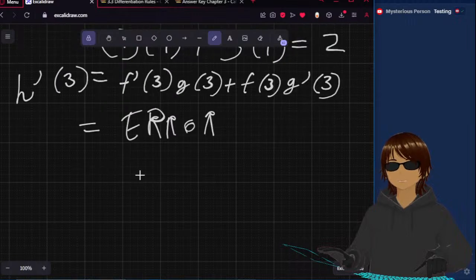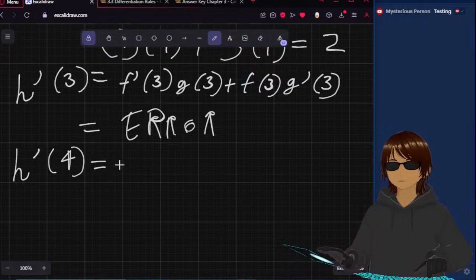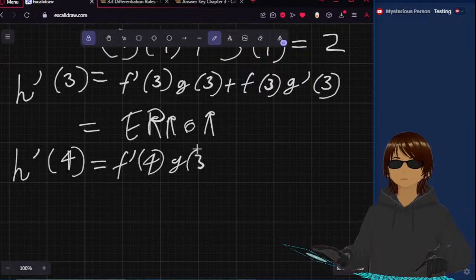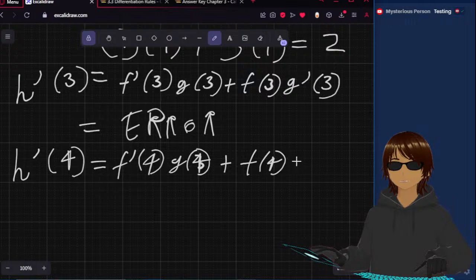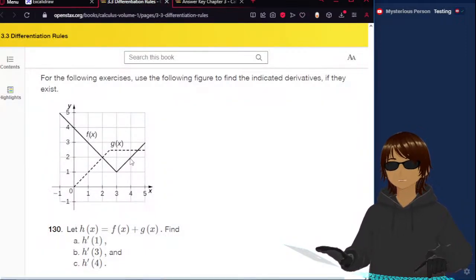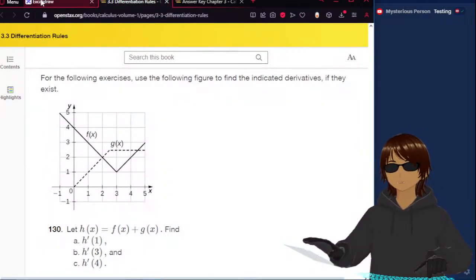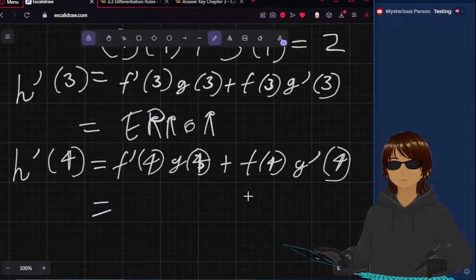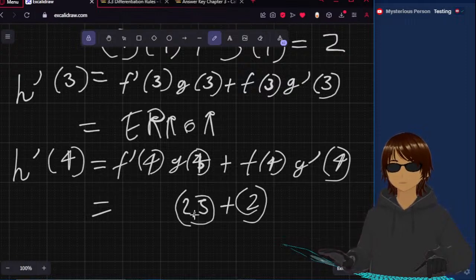Now h4. Derivative of the first times the second plus the first times the derivative of the second. 4. So 2 and 2.5.